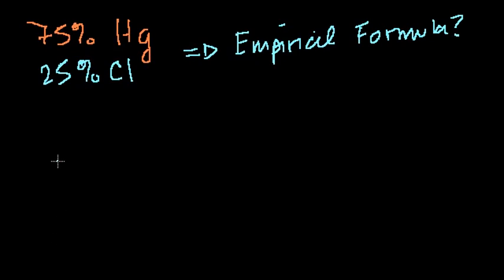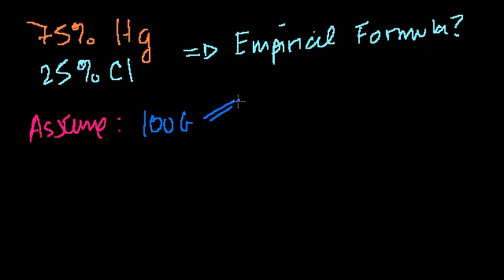So the way to think about this is to assume that you have 100 grams of this stuff. The reason I'm picking 100 is because 100 is a useful number to deal with. If you have 100 grams, how many grams of mercury do you have?